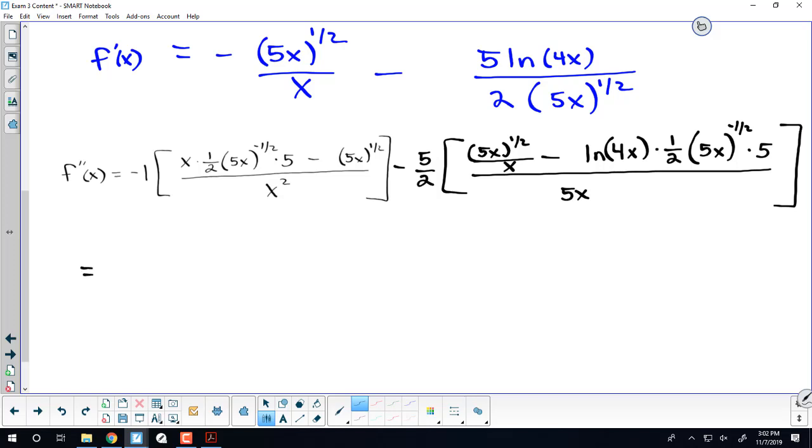Distribute the -1 here, so we'll have negative. I guess we'll just write it out and then see which way is the best to tackle simplification. -x over 2 over the square root of 5x times 5.